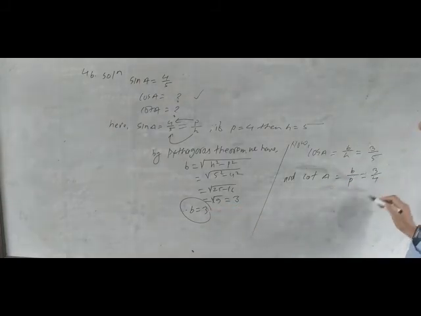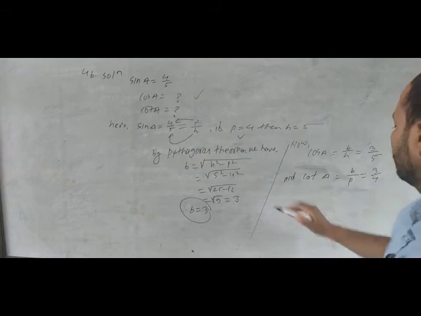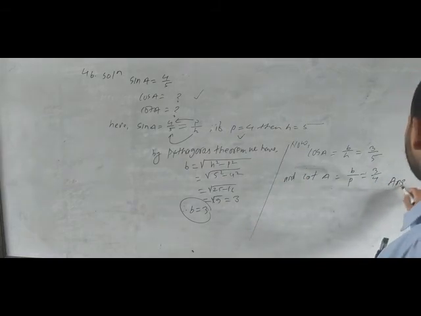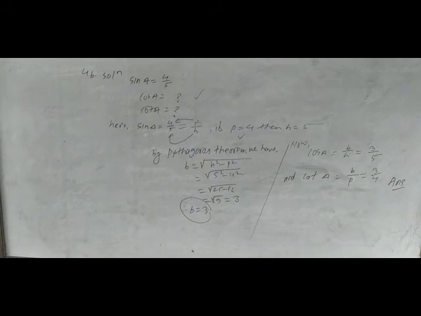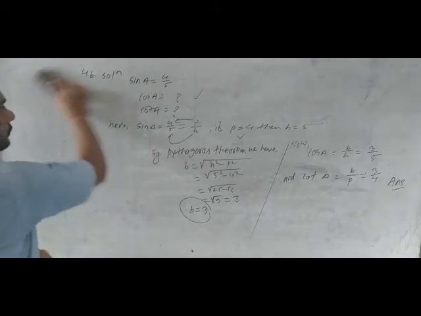And what is the value of P? 4. In this way you solve these types of questions. Write down. Very simple, and also this is a very important question. All of you match your answer with me. Okay, I am going to erase this.